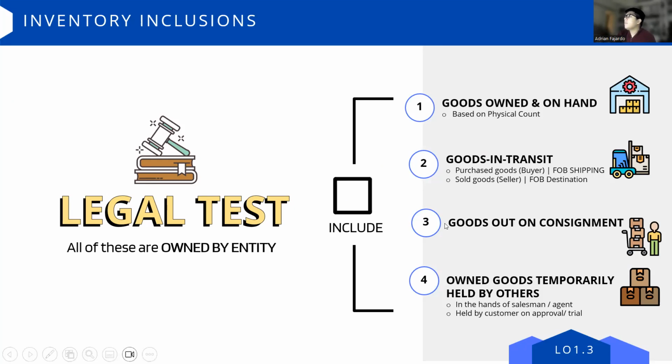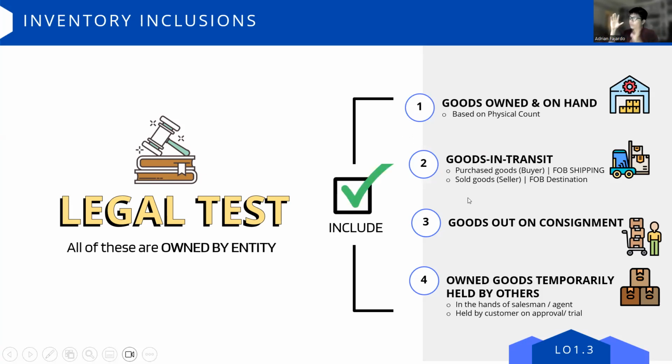And then, number 3 and number 4 is basically goods that you own pero is not physically with you. So, one example is consignment, meaning nasa ibang tao pero technically ikaw pa rin yung may-ari, or itong goods temporarily held by others. So, in the hands of a salesman or those that are under trial pero ownership mo pa rin, those are included. So, simply, I want you to memorize these 4 scenarios.